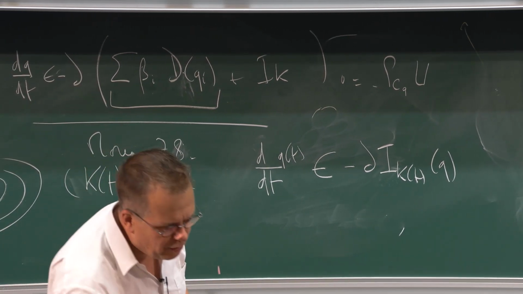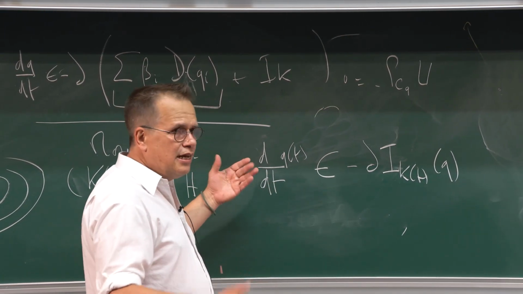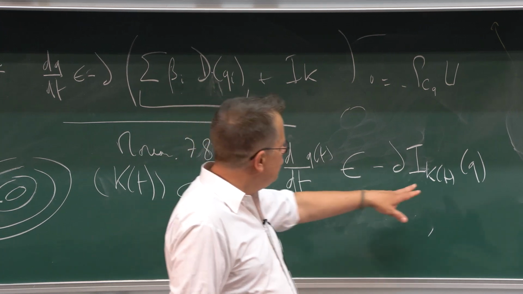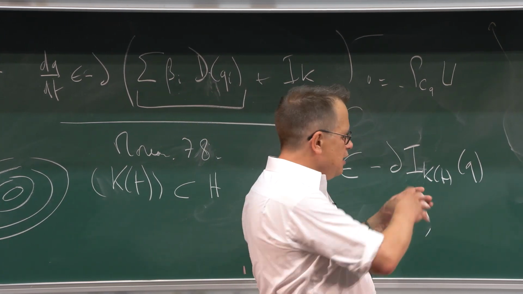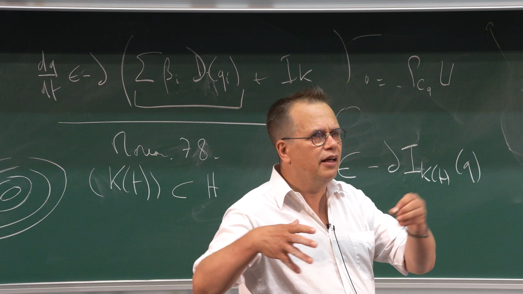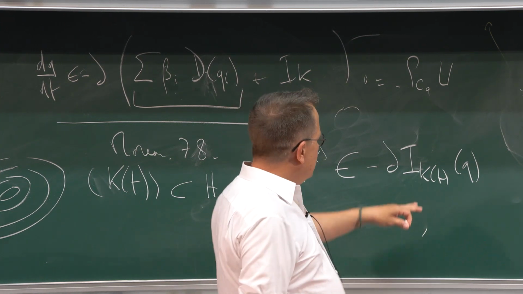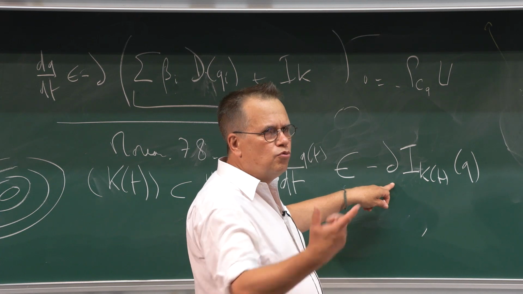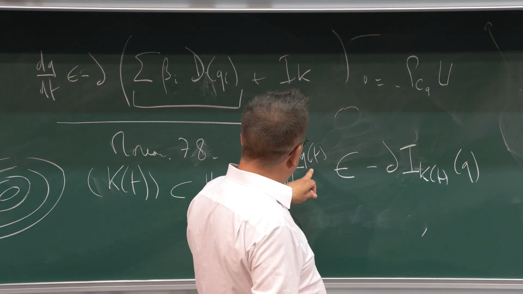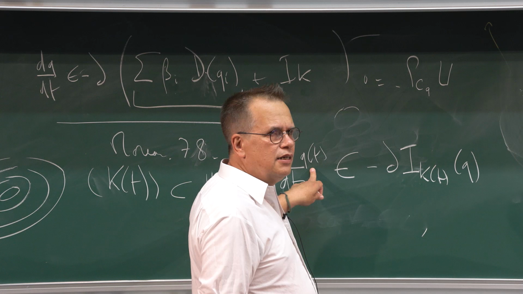Okay. And you have an existence and uniqueness result for this kind of equation if you assume that your convex set does not move too badly, like in a continuous way for the Hausdorff distance. And then you have uniqueness for a function q of t that is continuous.